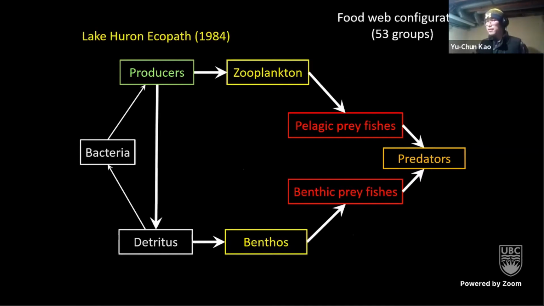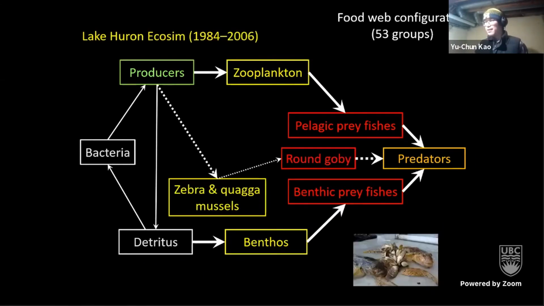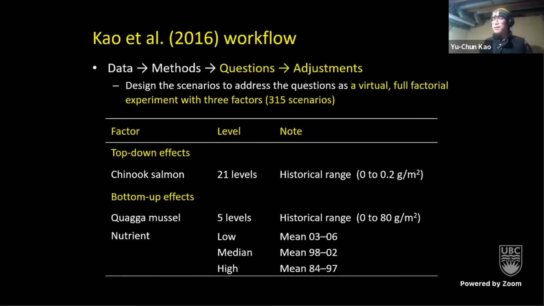So let's look at this again. We built this as complete as possible, using all of our data. And then on top of that, we added these invasions in our calibration. Now we have data and a method. It is really at that point that we started to think about what scenarios we want to have.